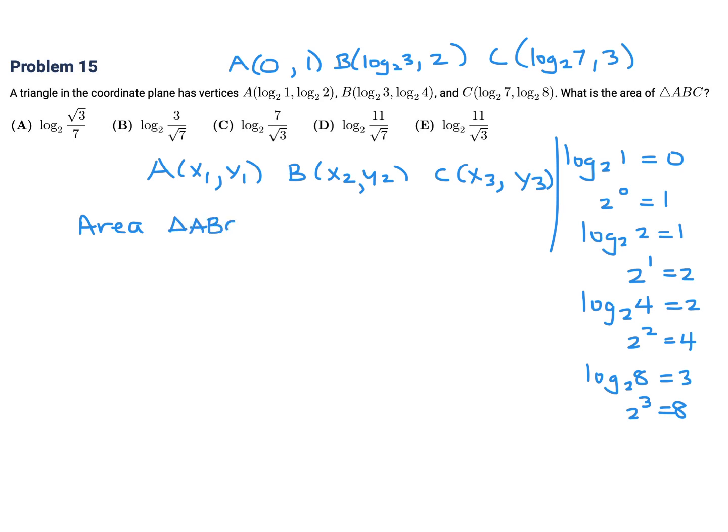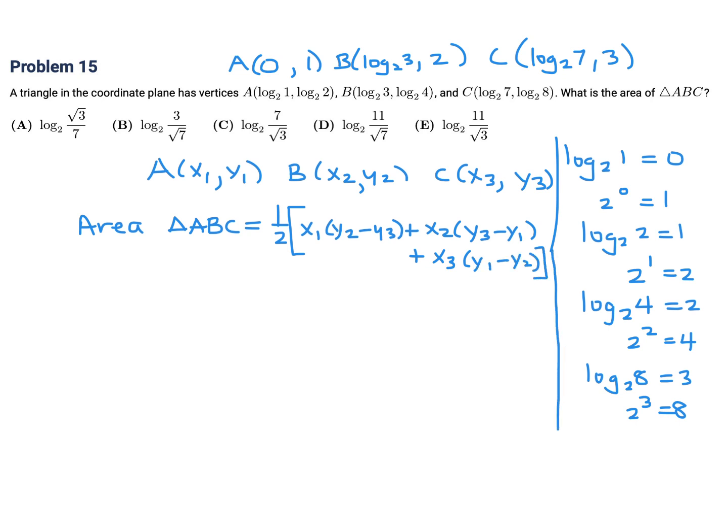ABC would be equal to 1/2 times x1 times (y2 minus y3) plus x2 times (y3 minus y1) plus x3 times (y1 minus y2).